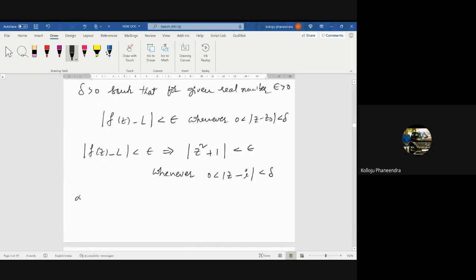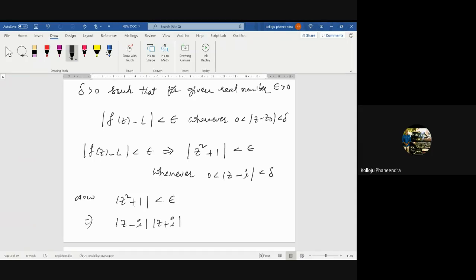Now, let me check first. Mod z square plus 1 less than epsilon implies this z square plus 1 can be written as z minus i into z plus i.